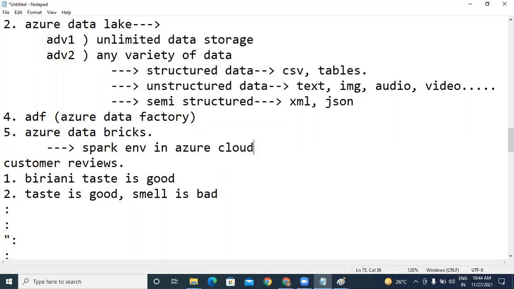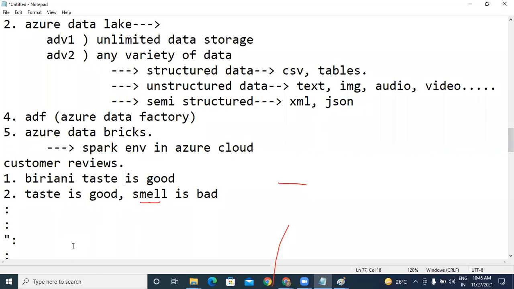Already I told you the power: 1 terabyte sort by Spark has been achieved in 1.2 minutes. That much faster a system it is. That means whenever high speed processing is required, you can include Databricks jobs in our ADF pipelines. Got it?